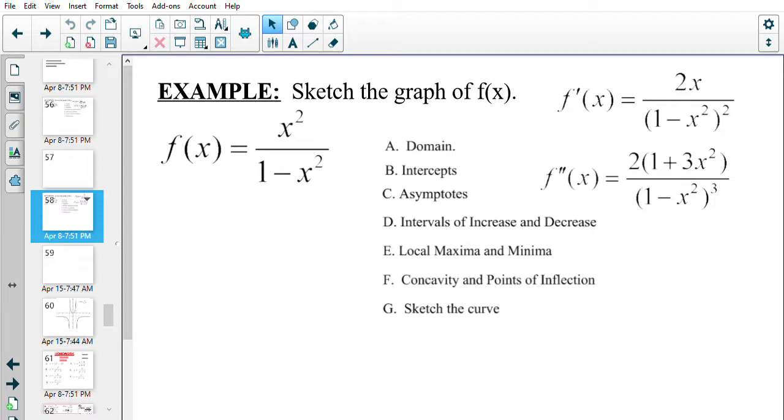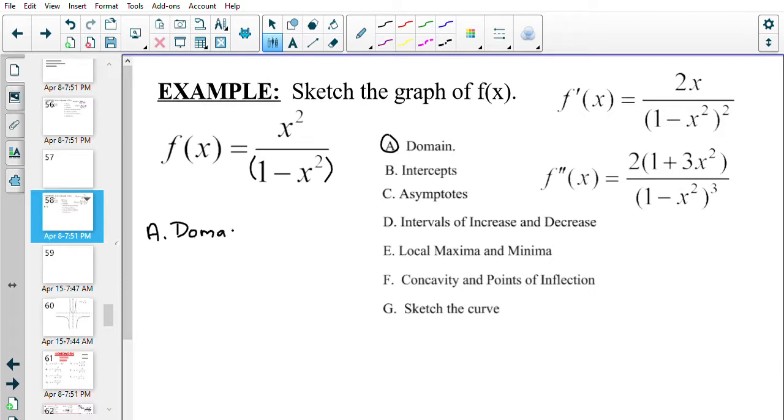So to determine the domain of the function, you are looking for what values make this undefined, and clearly the denominator of the function cannot equal 0. So you would set that denominator equal to 0 to find out what those values would be. So that would mean you have x squared equals 1.